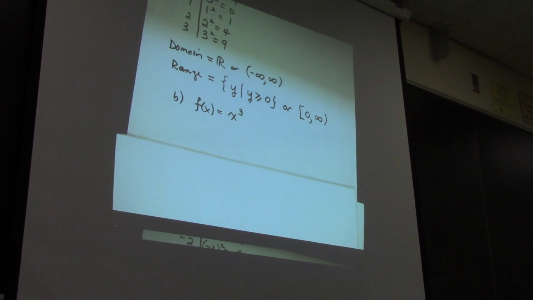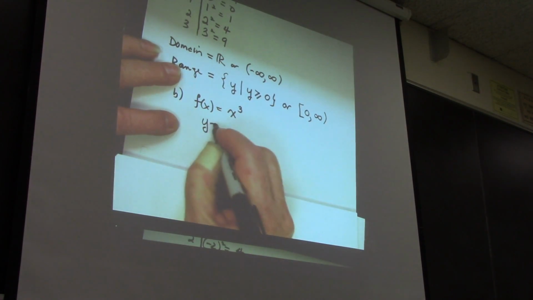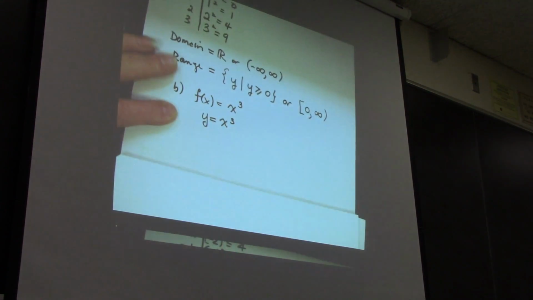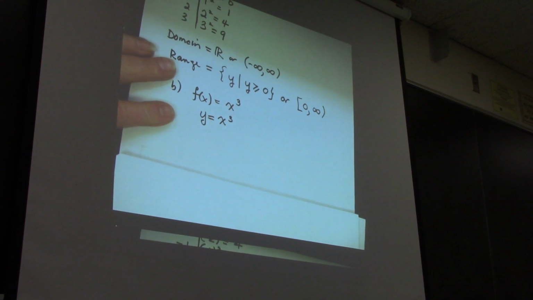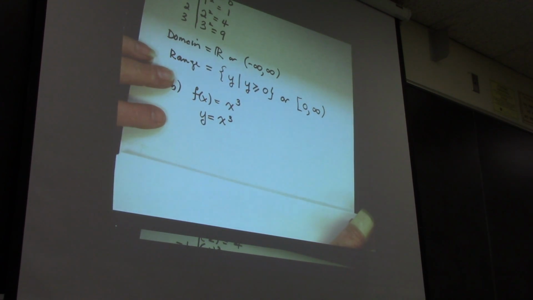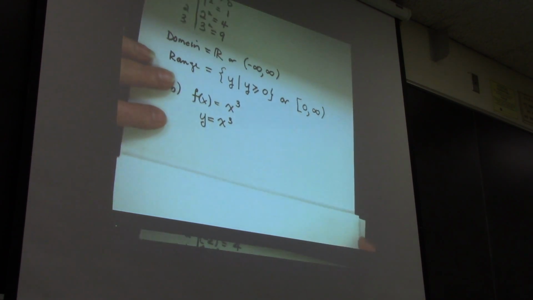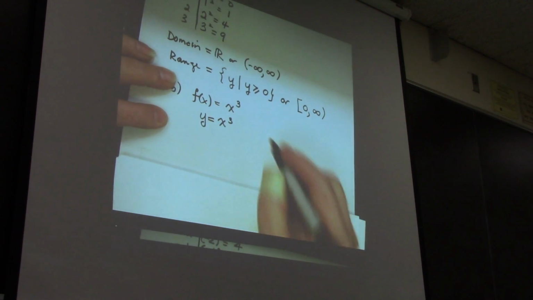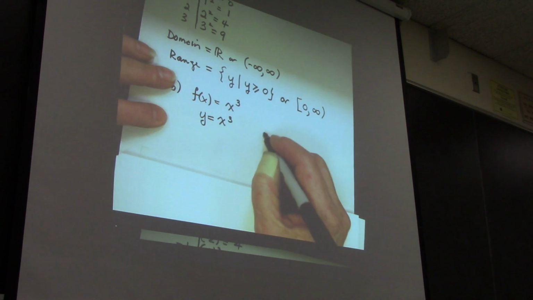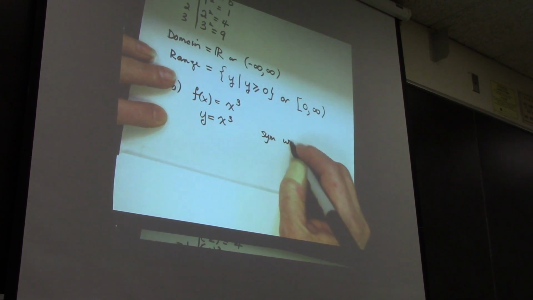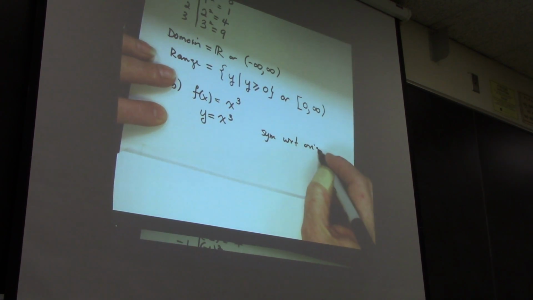Yeah, it does. What kind of symmetry is it going to have? With respect to the origin, yeah. So it's symmetric with respect to the origin.